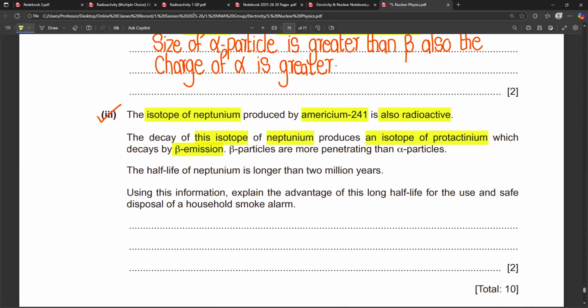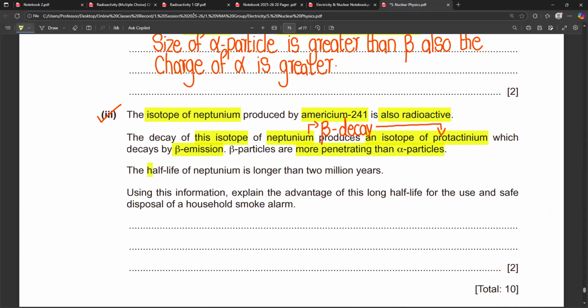So we have neptunium and this neptunium performs beta decay. And after beta decay, you will get another element called protactinium. So beta particles are more penetrating than alpha particles.